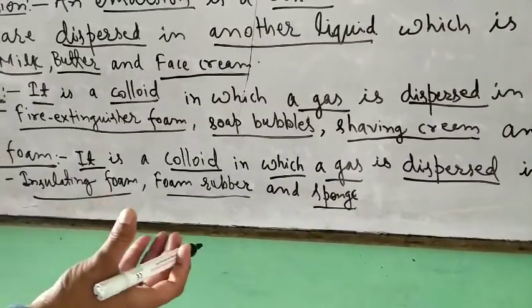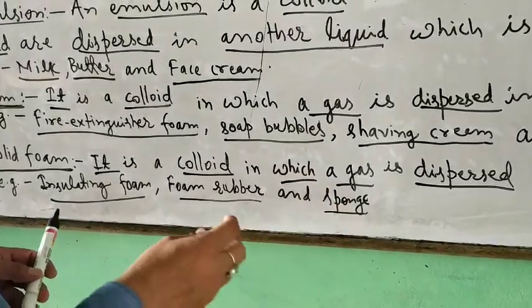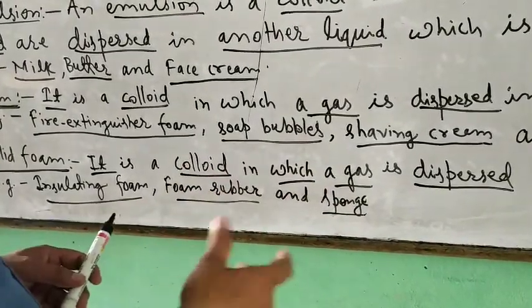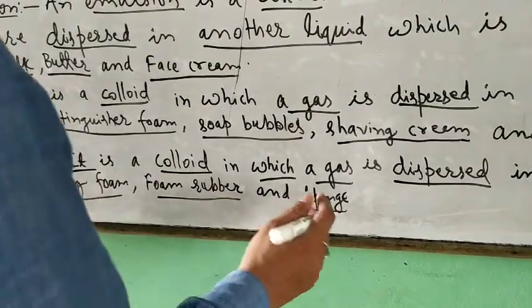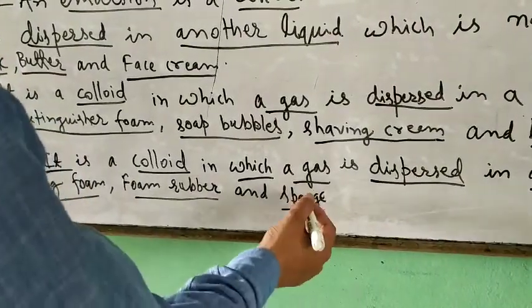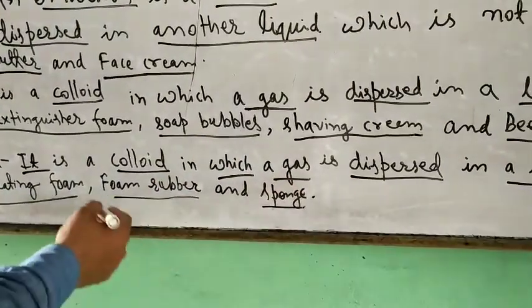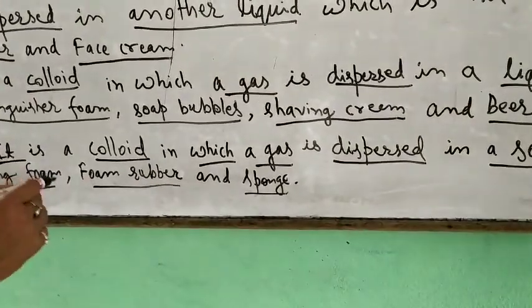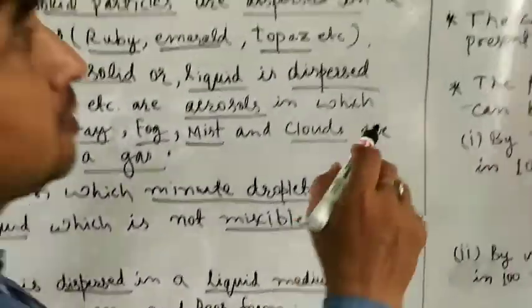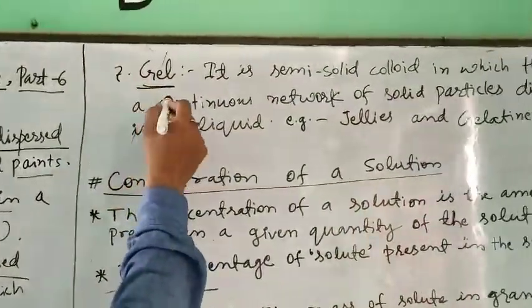When we compress the sponge, all the air is expelled, and when we release it, it regains its shape and becomes spongy, and air bubbles are absorbed in the sponge, just like in foam rubber or insulating foam.